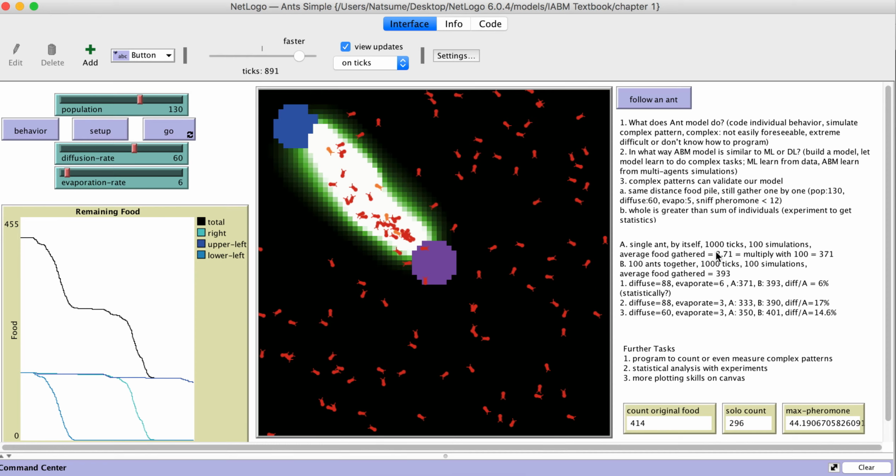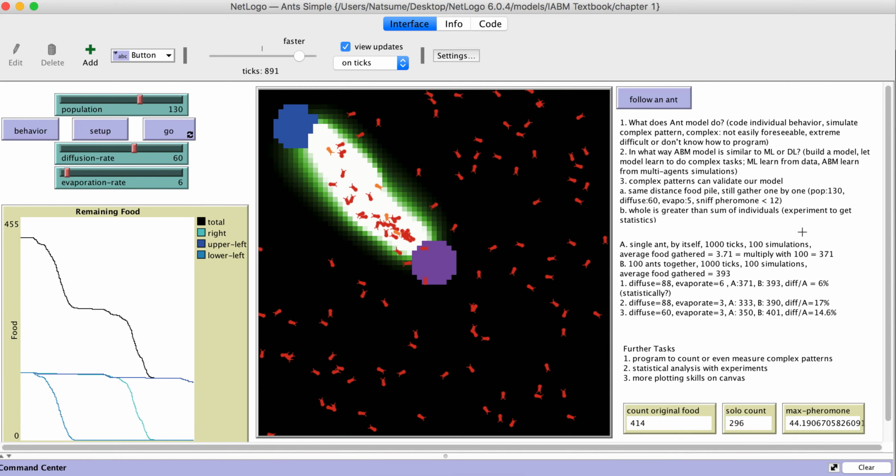With 100 simulations, a single ant can get 3.71 food on average in any simulation. So if we consider the whole ant colony as simply the multiplication of that single ant, then we multiply by 100 to form a 100-ant colony, and that colony should be able to get 371 food on average.